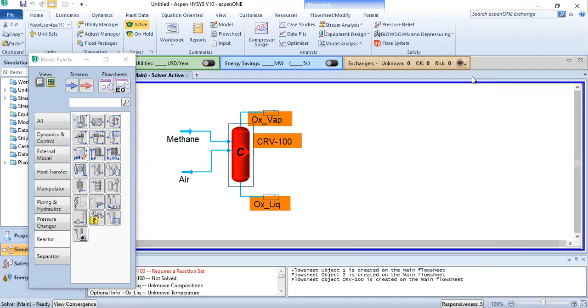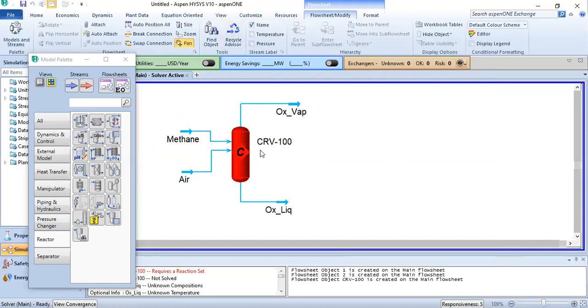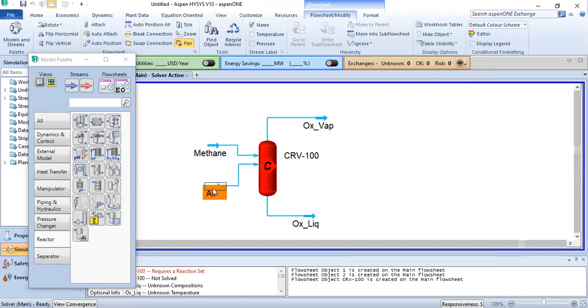See, we have taken the feed streams, that is the raw material streams, and we have taken the reactor, and we have defined the reactor vapor phase stream and the reactor liquid phase stream. But still we have not defined the condition of the methane and air.